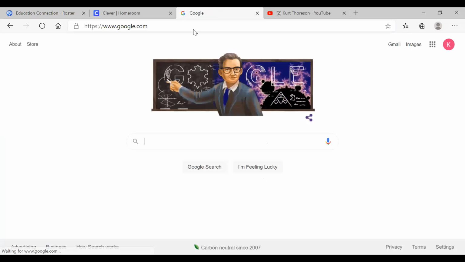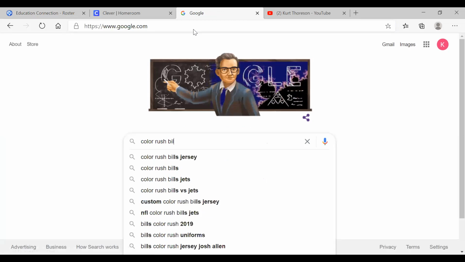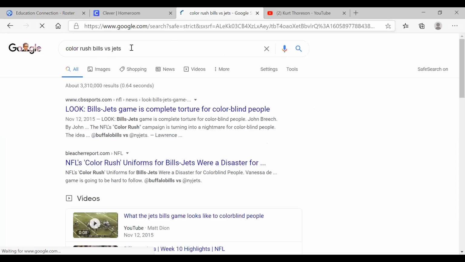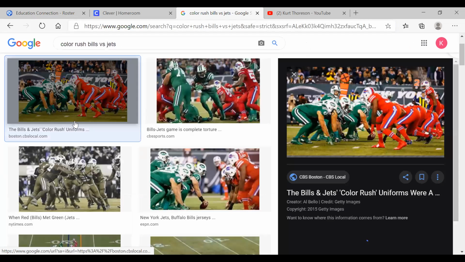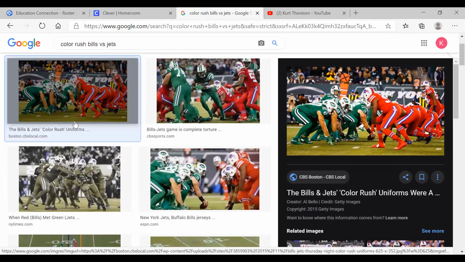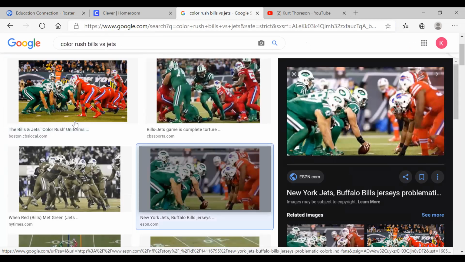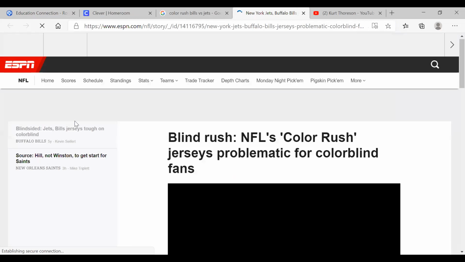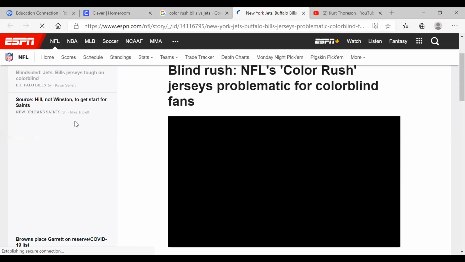Yeah, there were problems. So I want to show you this. Color Rush, Bills versus Jets. So this is what it looked like to people who have no issue with colorblindness. See if I can find a good image. You see the title of that story.